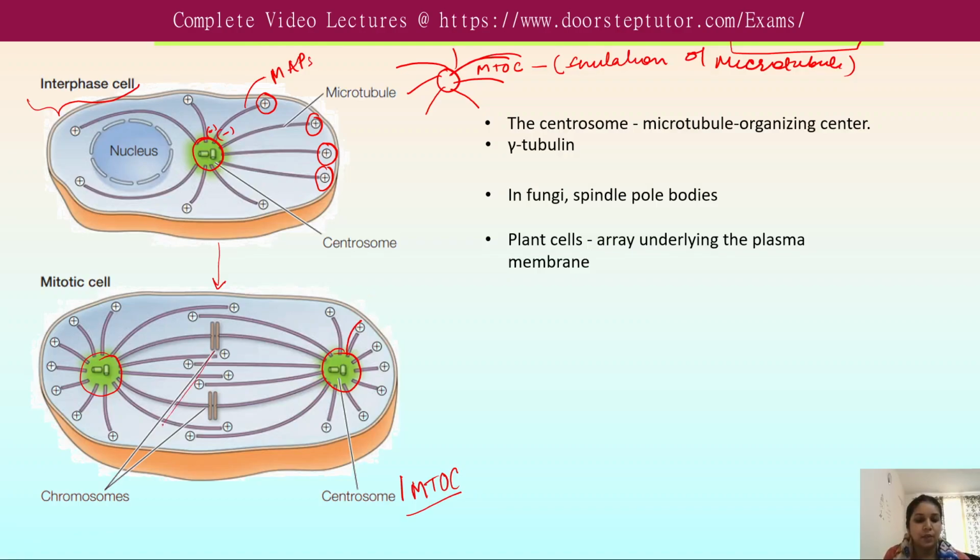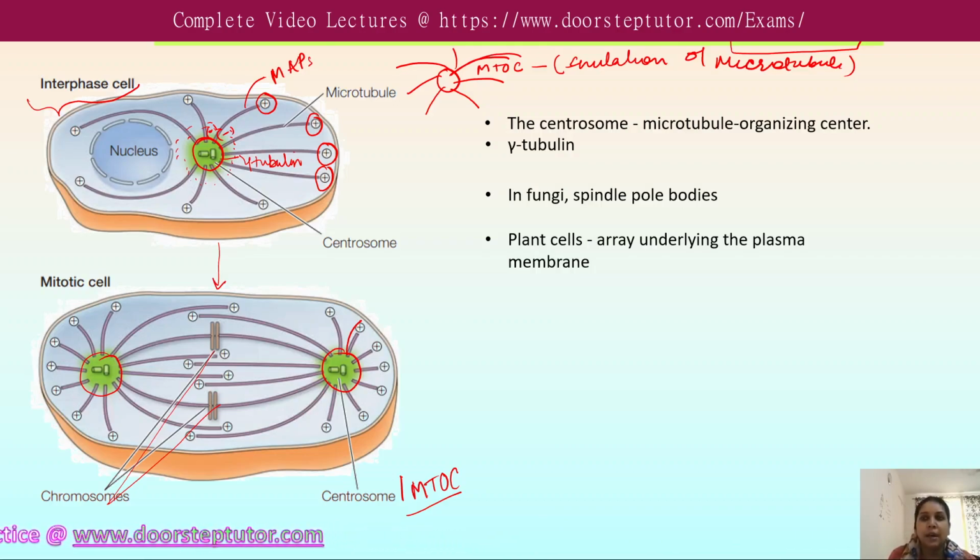Okay, in this way they are helpful in the assembly of the microtubule. And in the centrosome there is a pericentriolar area which consists of the gamma tubulin, and which helps in the initiation of the microtubule.